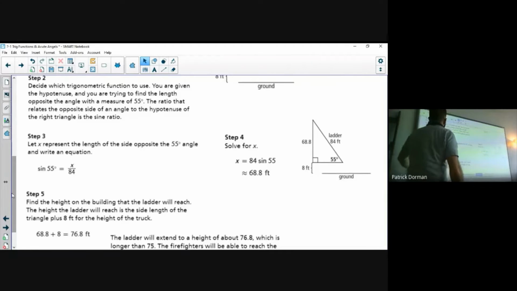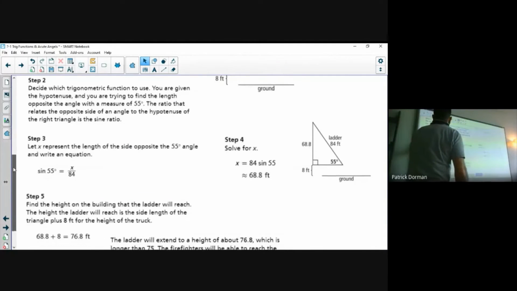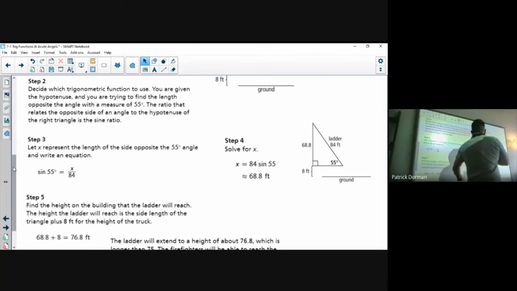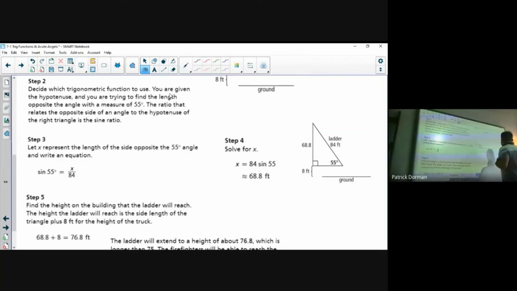Not only do we need to decide what trigonometric function we want to use, we need to decide where theta is as well, right? So, guys, theta is going to be, oops, where is theta? Oh, my bad.